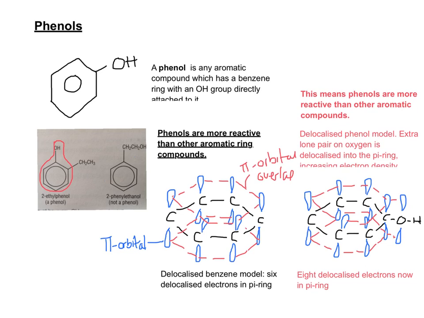So now that we've established the reason behind phenol's extra reactivity, let's have a quick look at some of the reactions that phenols undergo as opposed to the reactions that benzene and other aromatic compounds may not undergo. When I say that they don't undergo those reactions, what I'm talking about is the aromatic ring on those aromatic compounds not being involved because of its relative stability.